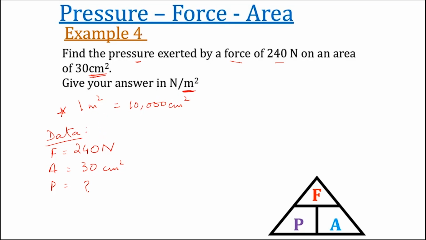So this 30 centimeter square will be divided by this 10,000 centimeters square, and we will get the answer, that is 0.003 meter square. So our area in meter square is this.